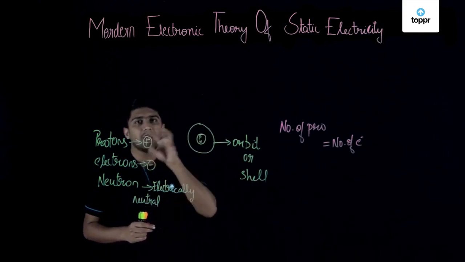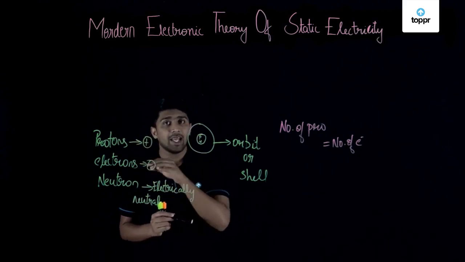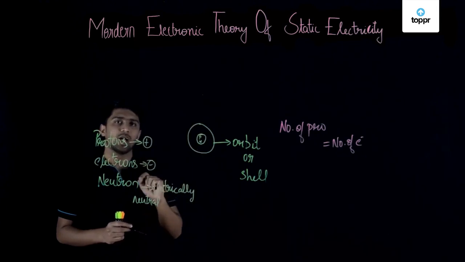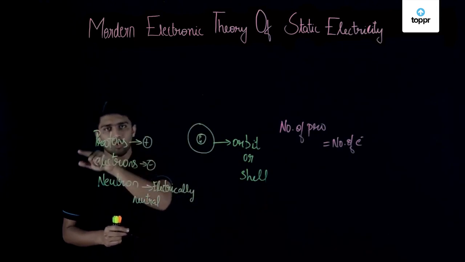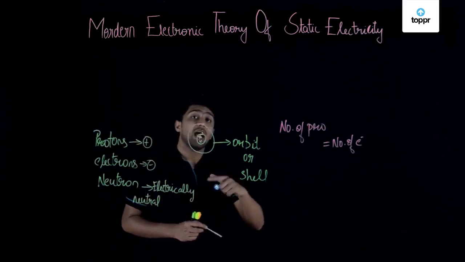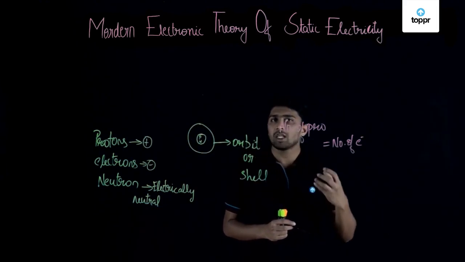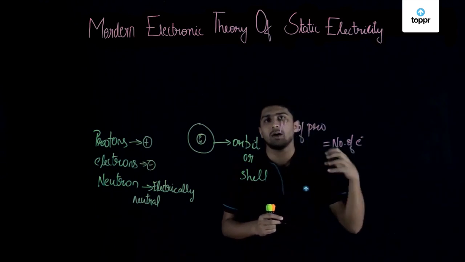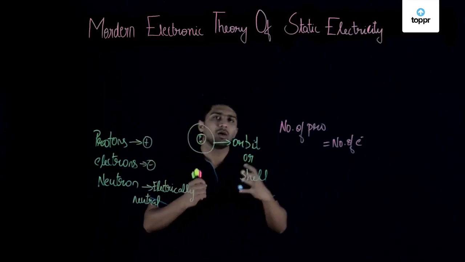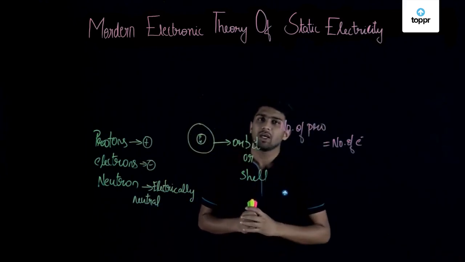At the same time, the atom that donated the electron will have more protons than electrons, because it gave one electron to the neighboring atom. The atom that accepted the electron will be negatively charged, as the number of electrons is more in it. So students, now we have understood the theory of static electricity and how we can make use of it.